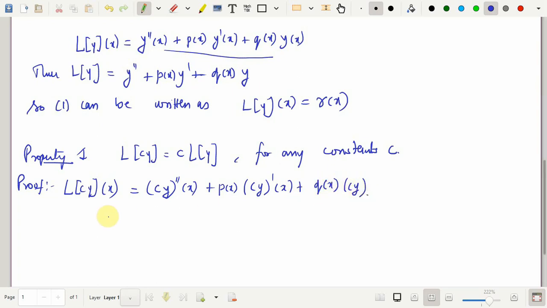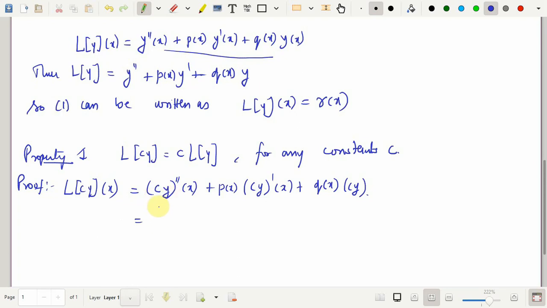Okay. Now, when you evaluate this, you are supposed to prove that this is the same as C into L of y at the point x, and if you can do that, that means at any arbitrary point x, we have proved that L of C y of x is the same as C into L of y of x. Therefore, it has to be true for every point on that domain.